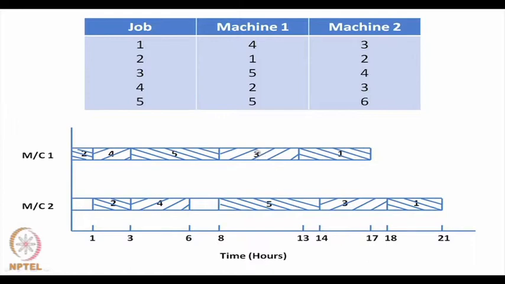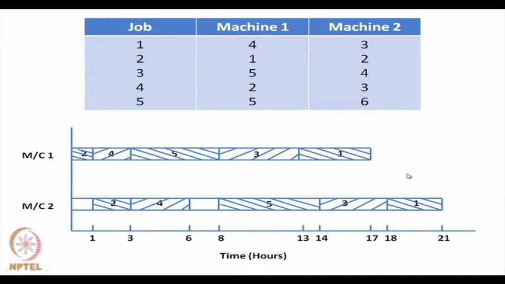Meanwhile, machine 1 takes up job 3 and it takes 5 hours. So, at the 13th hour the work will be completed there, and thereafter job 1 work can be done. And when machine 2 is free at the end of the 14th hour, the work on job 3 starts and gets completed on the 18th hour, and then work on job 1 starts and gets completed at the end of the 21st hour.